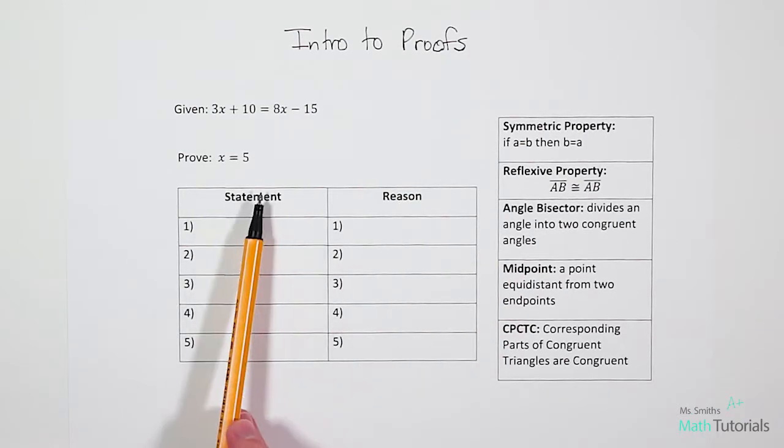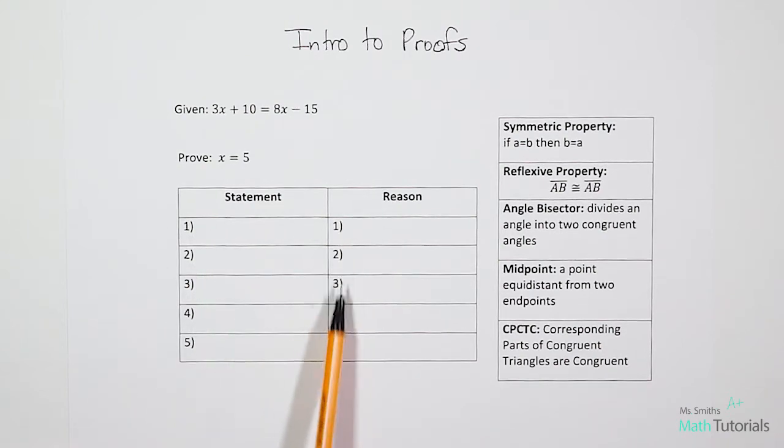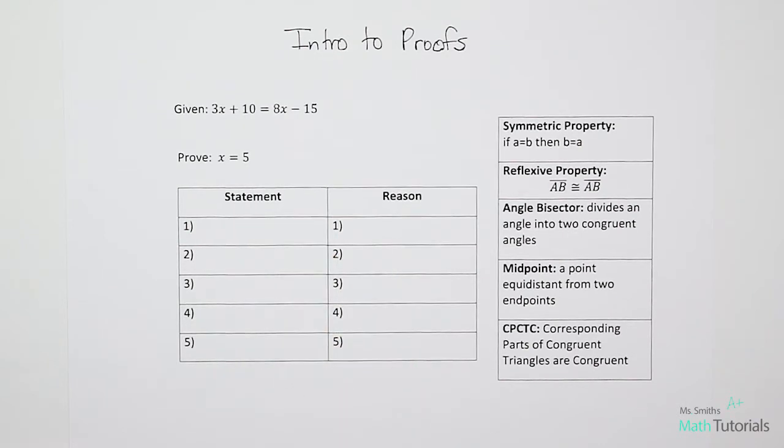So this is a basic proofs table. Now I have this one numbered already. A lot of times in your math classes, they won't have them numbered already. Sometimes they will, but sometimes you have to create your own table. Proofs are very subjective. There's no one right way to do something, typically.